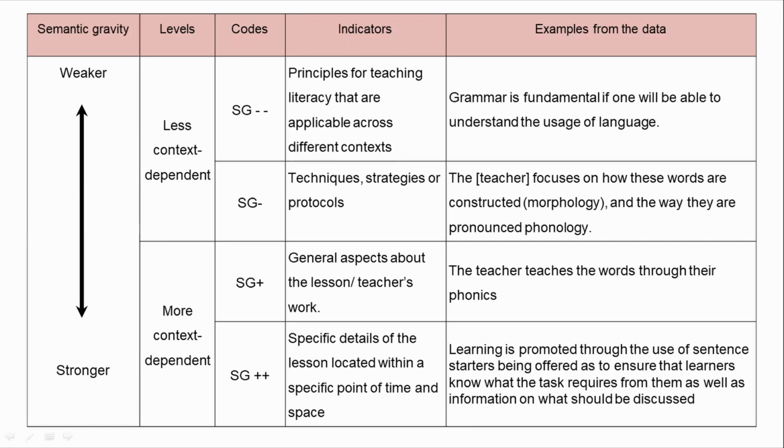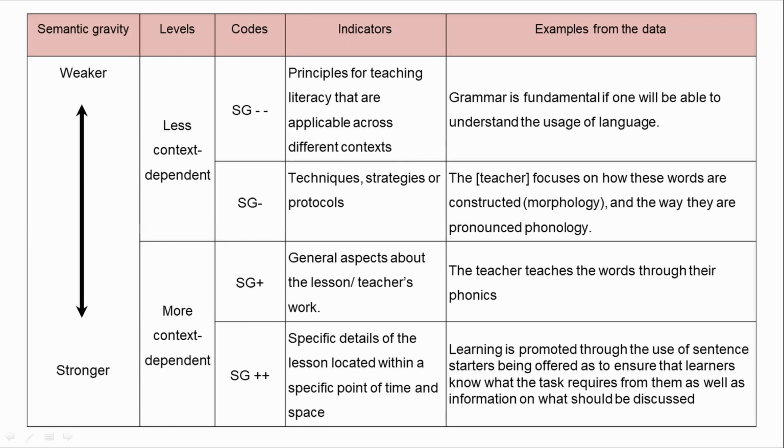What I'm going to show you now is, I would expect that we see quite strong semantic gravity because they are focusing on a particular context, a particular lesson. But I would also expect to see that final year teachers start to generalize, and to see how the principles of practice can be used across different contexts.